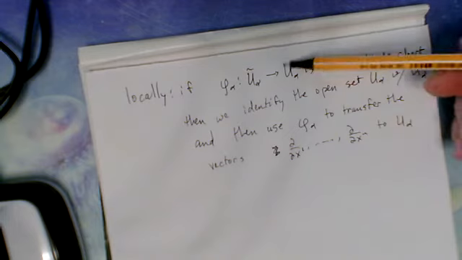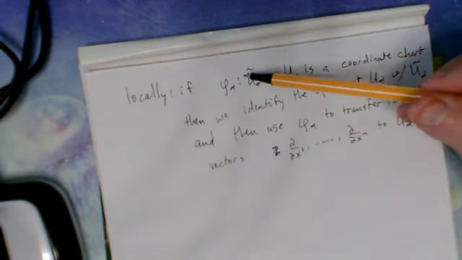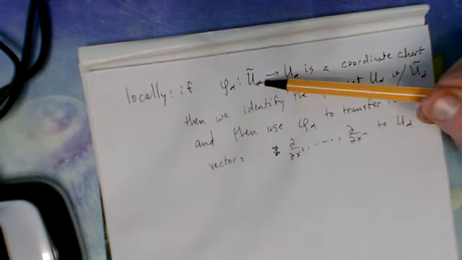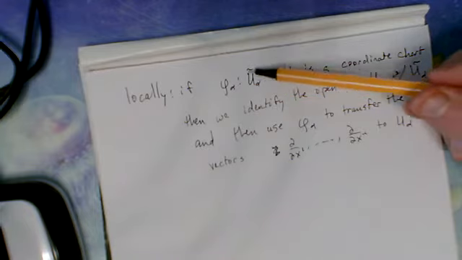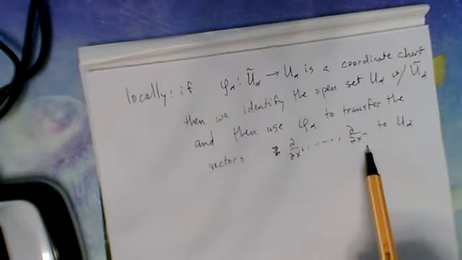how should you think about this? You should think about this as saying that locally, I've now coordinatized my open set U alpha, so I may as well think about this as an open set in Euclidean space. And at any point of this open set in Euclidean space, I have all of these tangent vectors, which are just the standard direction vectors in Euclidean space.